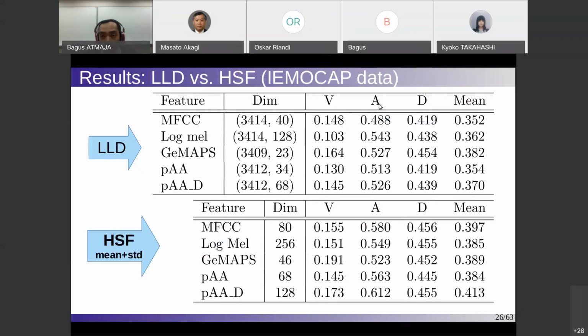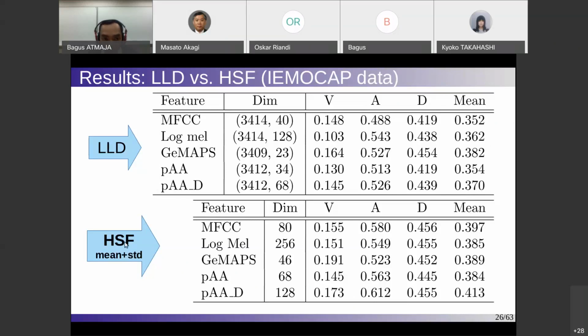And to judge the best method, or which method performs better than others, we use the mean value of these three. So this mean value is the average CCC score from valence, arousal, and dominance. So we can see here, for example, MFCC obtained 0.3 mean CCC score and LogMel 0.36. So almost similar between acoustic features here.